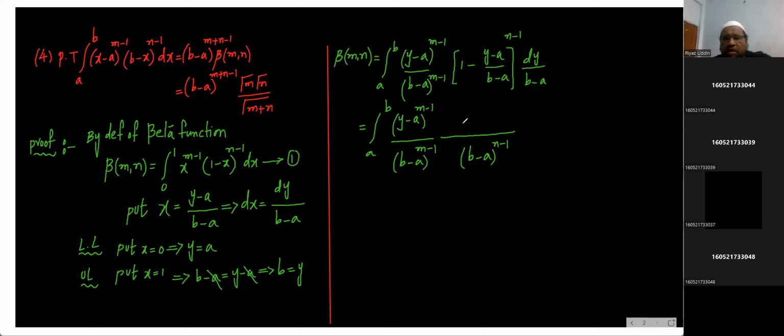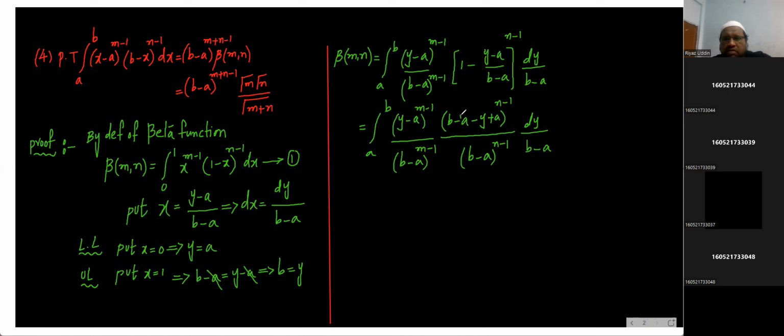Cross multiplying here you will get b minus a minus y plus a, its power also n minus 1, into dy by b minus a. Okay, everyone?